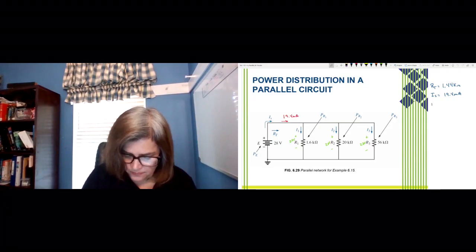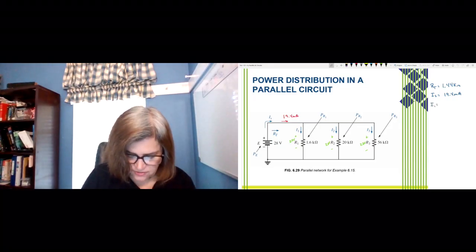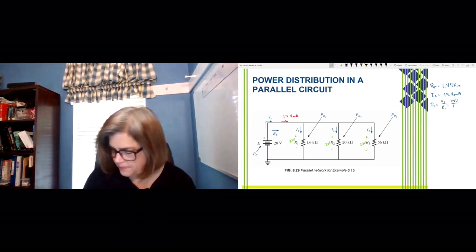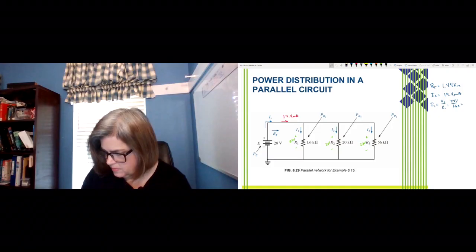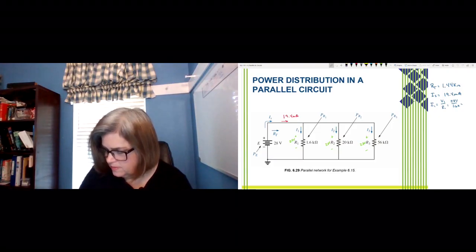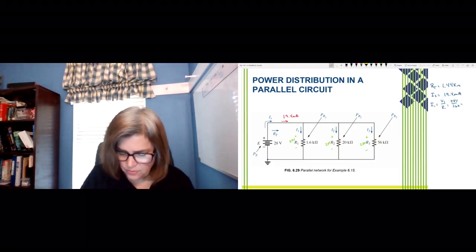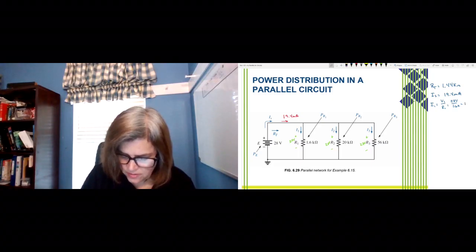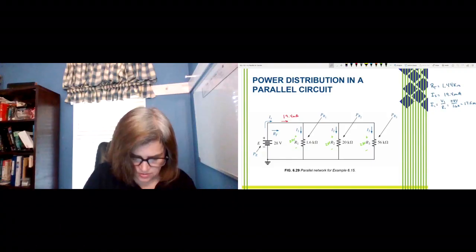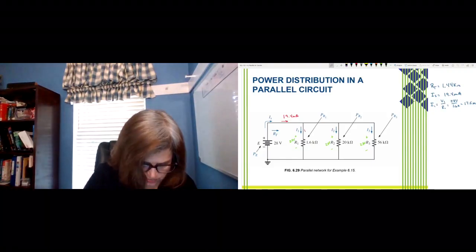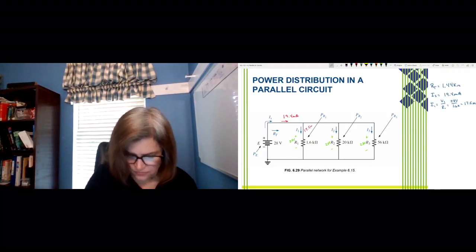So I1, of course, is V1 over R1, which is 28 volts over 1.6K, or 17.5 milliamps. So we've got 17.5 milliamps here.